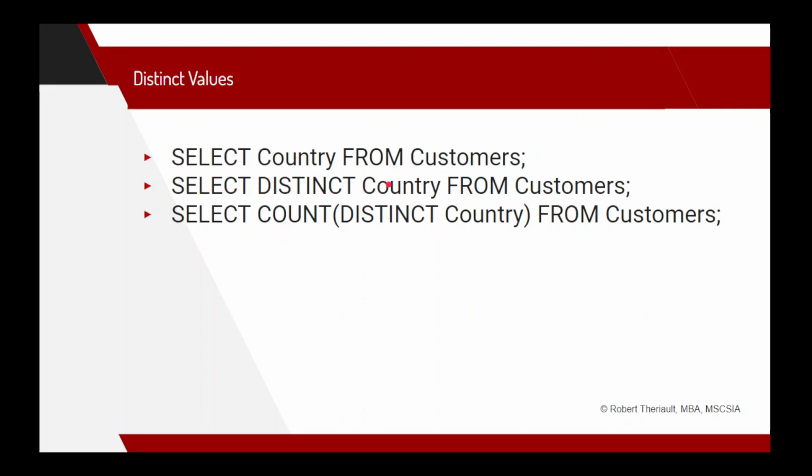If you just want to know what countries your customers come from, without having to look through 500 people from the US and 200 from the UK, whatever it works out to be, you get a list of just the countries. And then you can even go further and actually have it count for you.